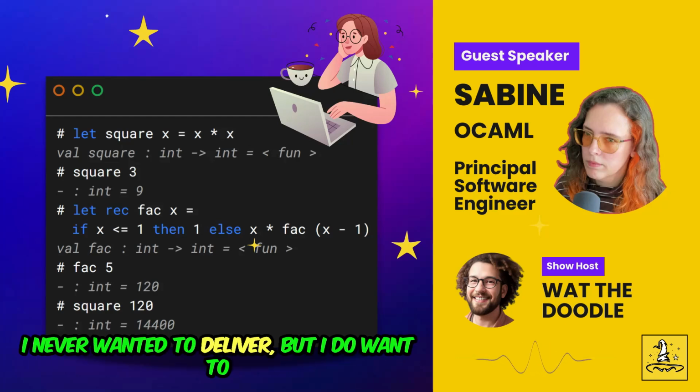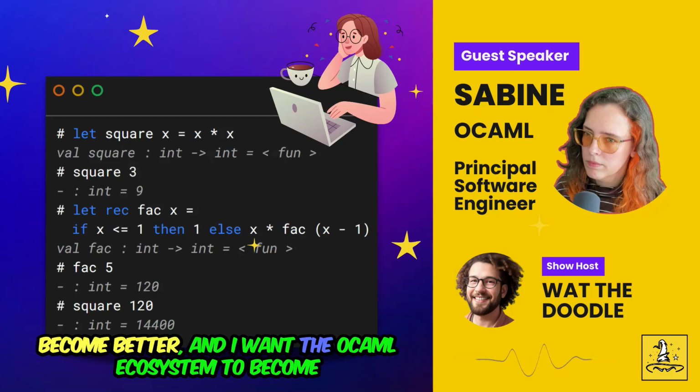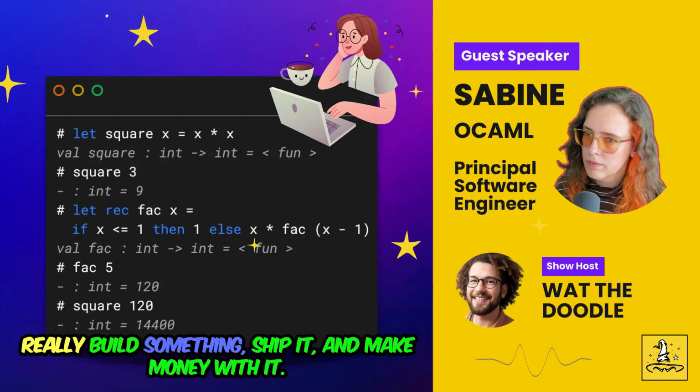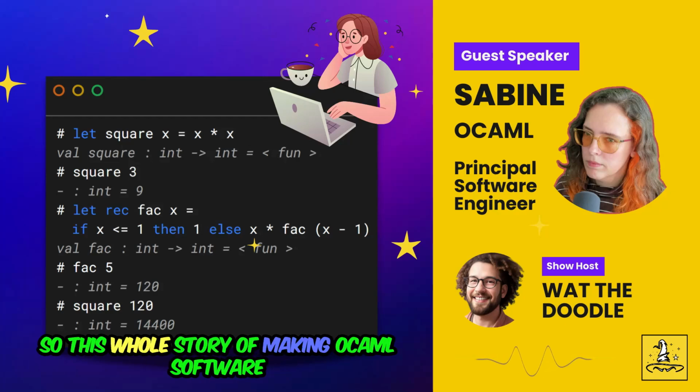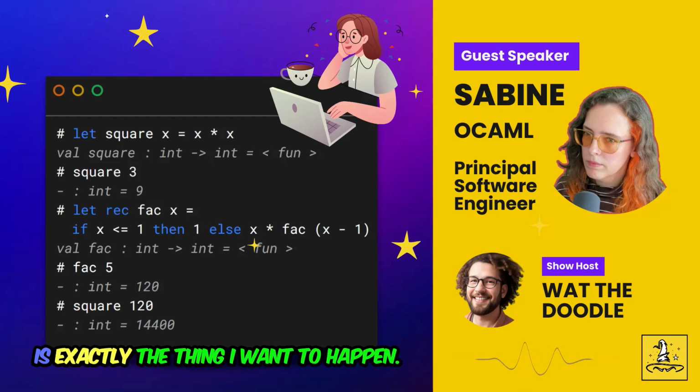I never wanted to do DevRel, but I do want to build community, and I want OCaml to become better, and I want the OCaml ecosystem to become amazing so that we can have frameworks where you can really build something, ship it, and make money with it. So this whole story of making OCaml software as a service ready that Leandro is pushing is exactly the thing I want to happen.